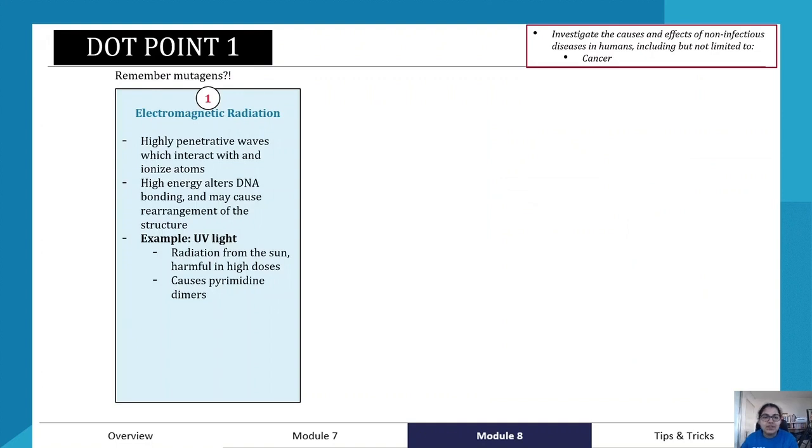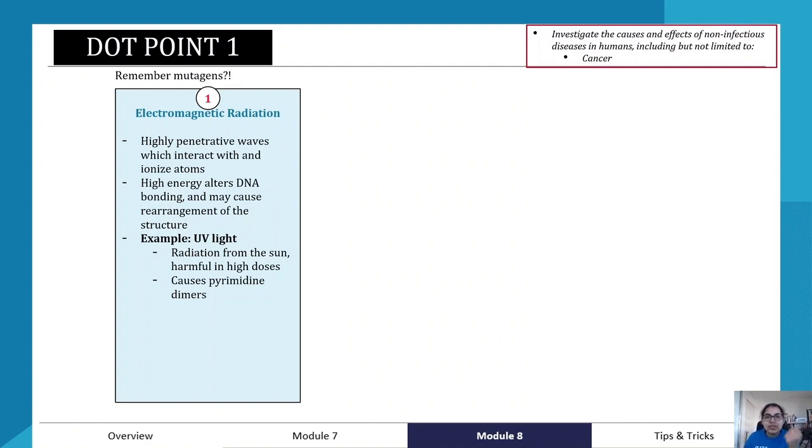So mutagens, we've spoken about them, and in module 6 you would have looked at them. So electromagnetic radiation: these are highly penetrative waves which interact with and ionize atoms, and essentially their high energy alters the DNA bonding, and they can cause the rearrangement of the structure. A big example of that is UV light.